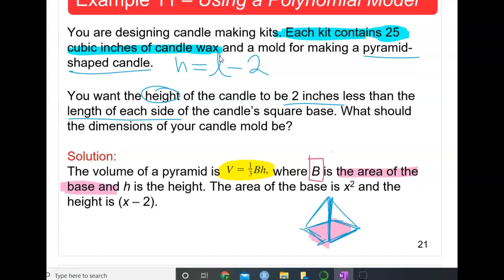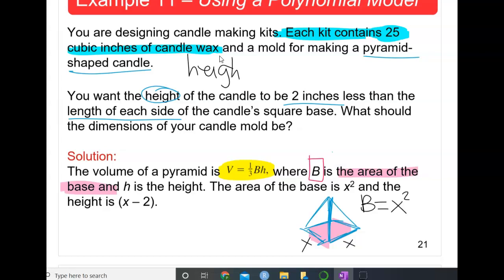And we want to call the side X. So if each side is called X, then the area of the base is going to be side squared, so X squared. And then the height, just like we said here, instead of calling it H and L, let's just write it with words.